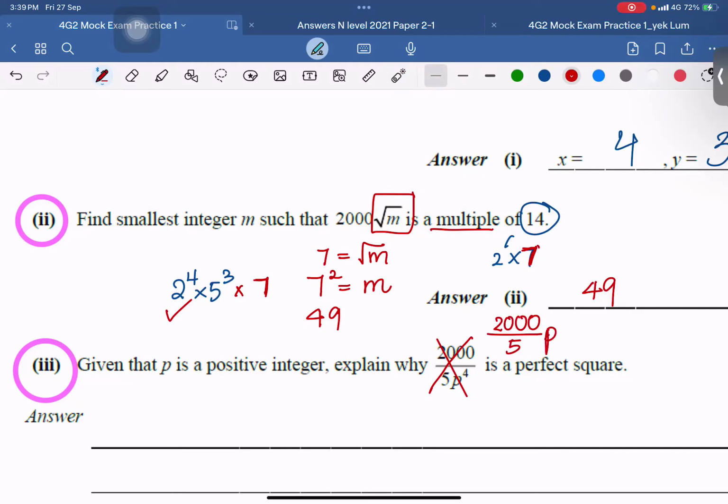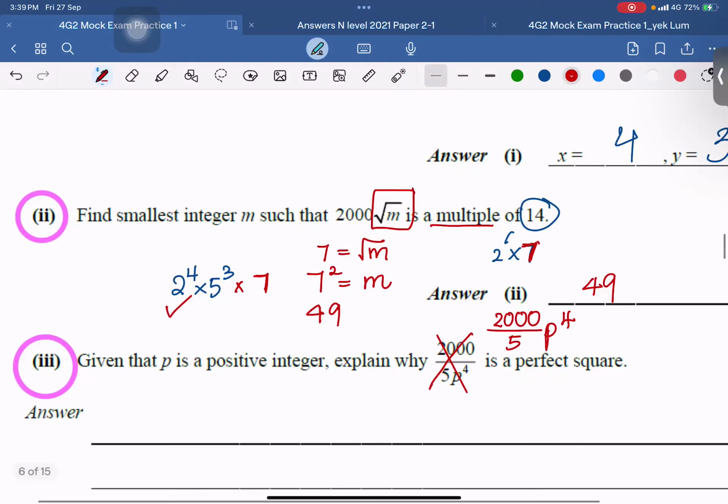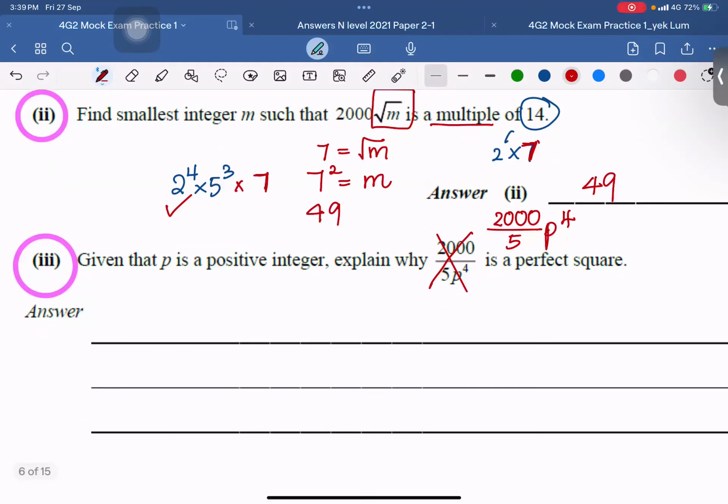Okay, this one there's a slight change in the question. This one needs p to be a positive integer and p to the power 4 should be on the top. Okay, because I cannot have a denominator that is a non-integer be a perfect square. So it has to be on top.